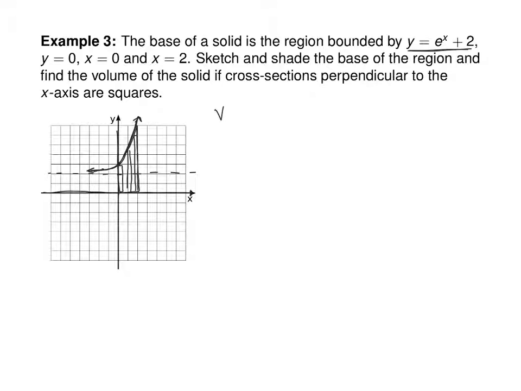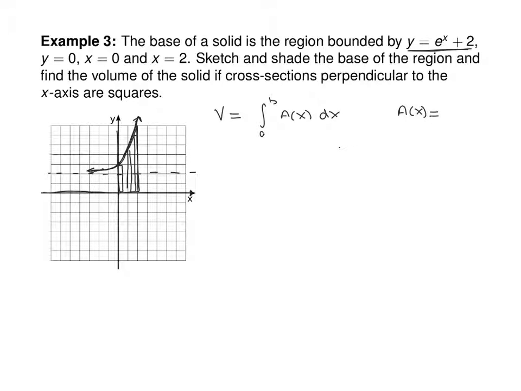Now the general formula for the volume of a solid is you integrate from an A to a B, and you add up the area of all of your slices. For solids of revolution, it just happens that those slices are circles. That's why the formula involves a pi r squared. But in this case, the slices are squares.